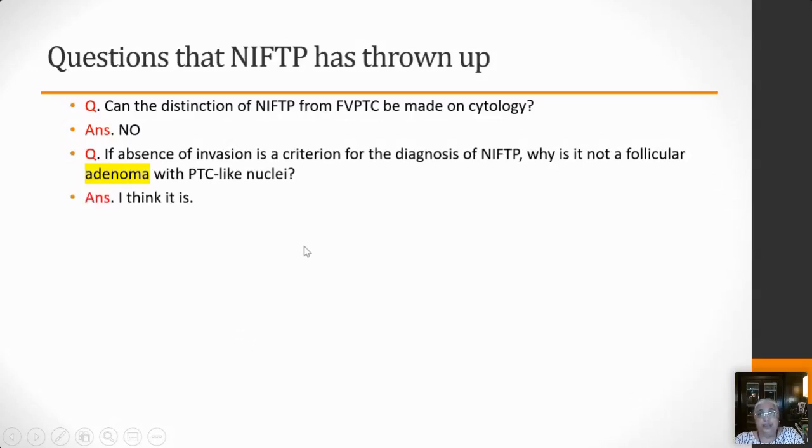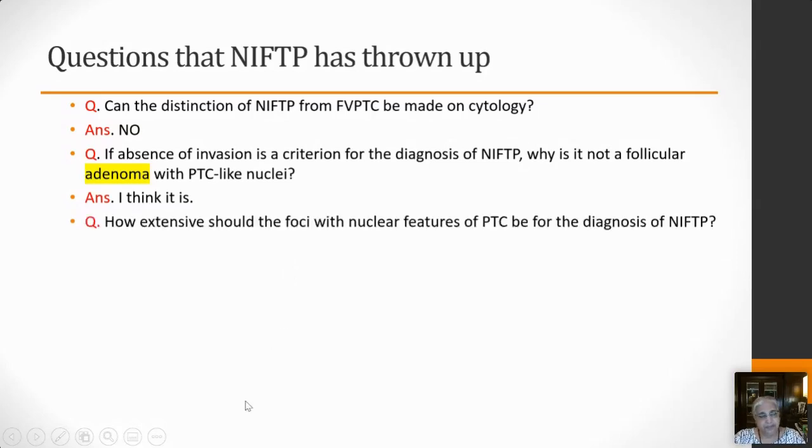Well, I think it is, but obviously those who wrote the paper thought that it would be better for them to use the word tumor rather than say adenoma.